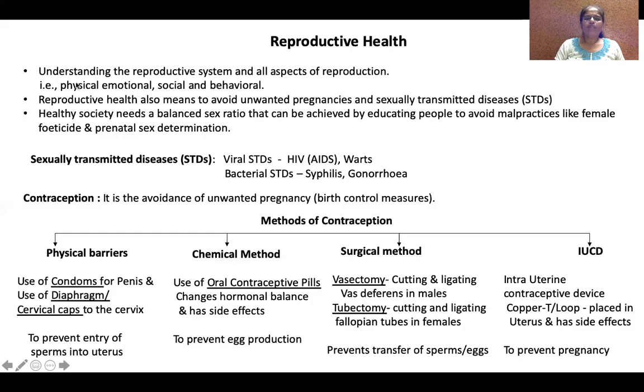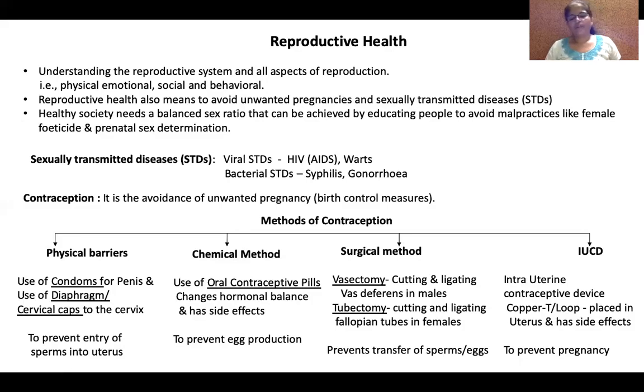So females will be undergoing physical, emotional, social and behavioral changes during the period of reproduction. So men also should understand our emotions, understand our physical changes, and each and every person at home should be supportive to the female who is carrying a baby.